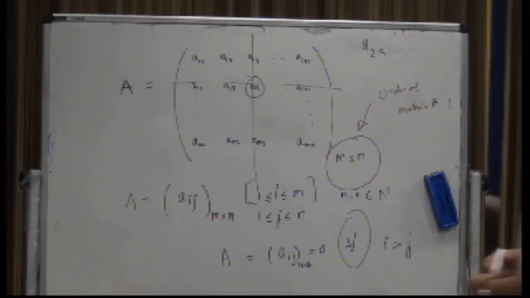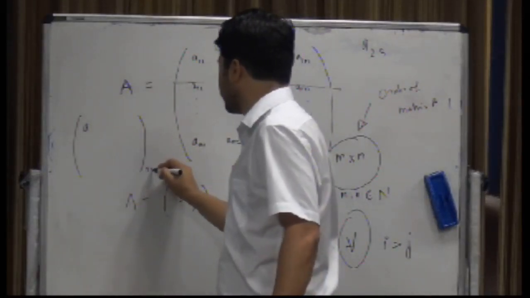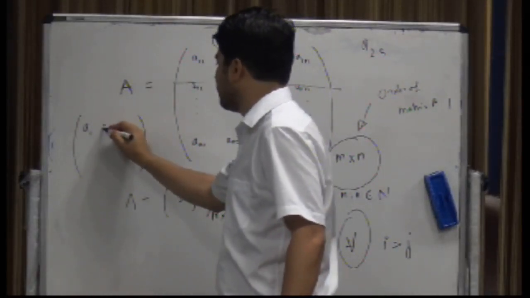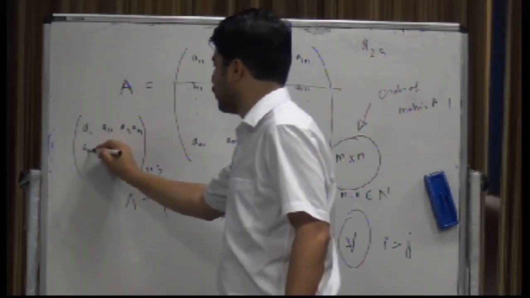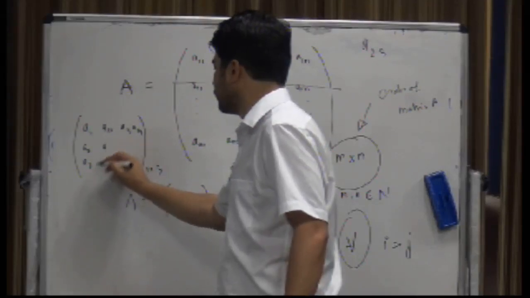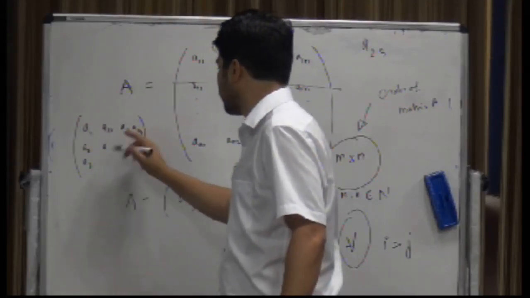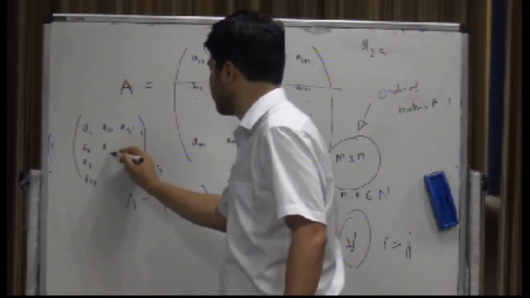Because of these elements. Let's say you see a rectangular array of 4 by 3. So this is A11, A12, A13, A14, A21, A31. 4 rows है ना, sorry. A41.